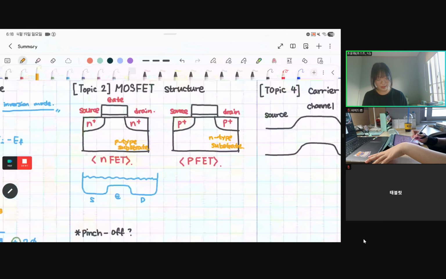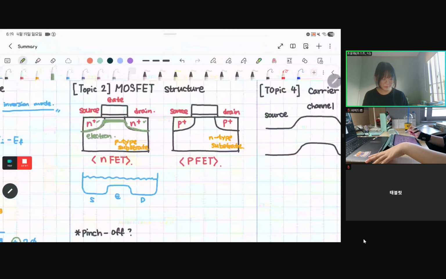When the channel is made in the NFET, the majority carrier is electron, because we used heavily doped N-type semiconductor in source and drain.